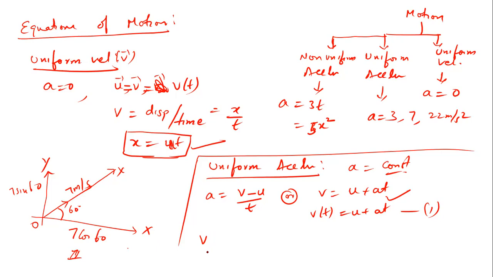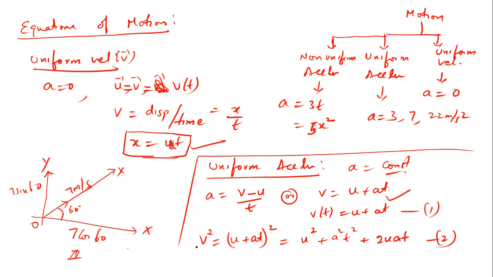Now what we will do is square this. When we square this, you get v square equal to u plus at the whole square, which, if you expand it, will be u square plus a square t square plus 2uat. Let me call this equation number 2.